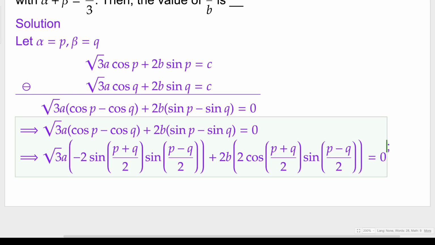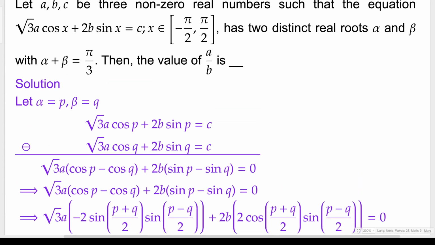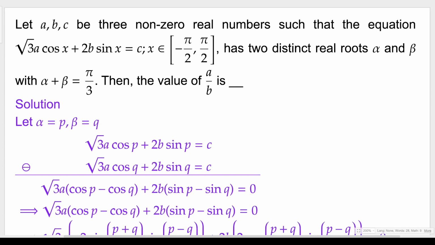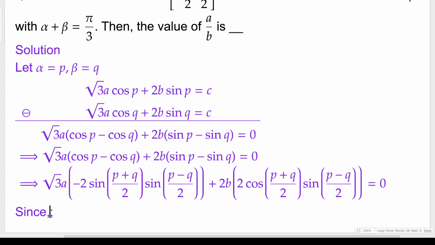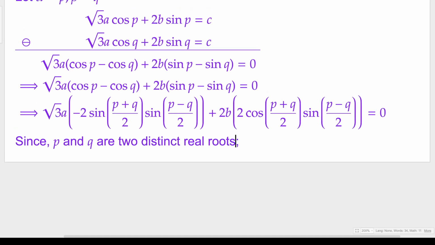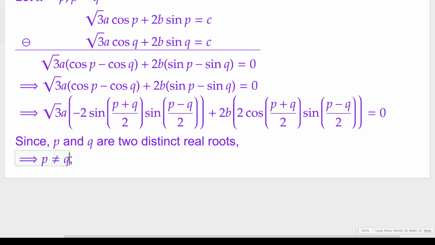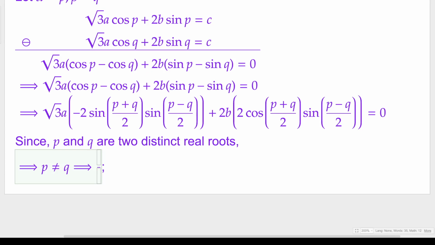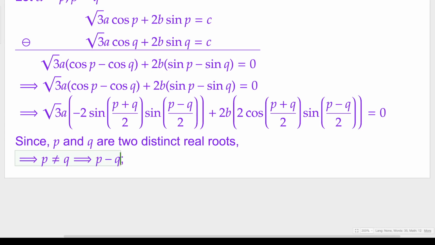Now a very important point is mentioned here. If you observe, these are two distinct real roots. Since p and q are two distinct real roots, that is mentioned, it clearly implies that p is not equal to q, and this further implies that p minus q is not equal to 0.